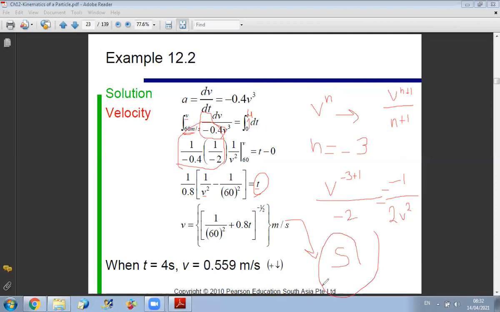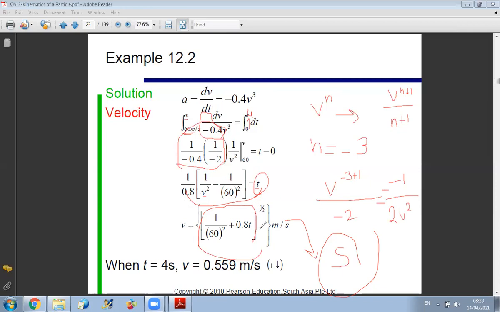So to get v as a function of time, I multiply by 0.8 and take 1 over 60 squared to the other side. Then v is equal to this function to the power minus half, because you have 1 over v squared equal to 0.8t plus 1 over 60 squared. So to obtain v, you should raise to the power minus 1 over 2.